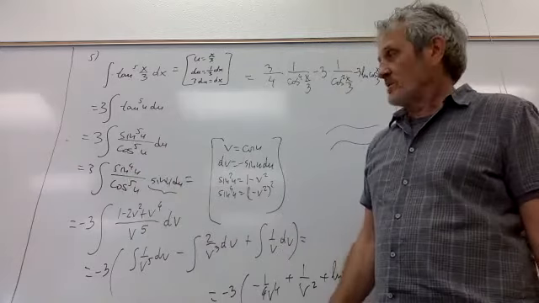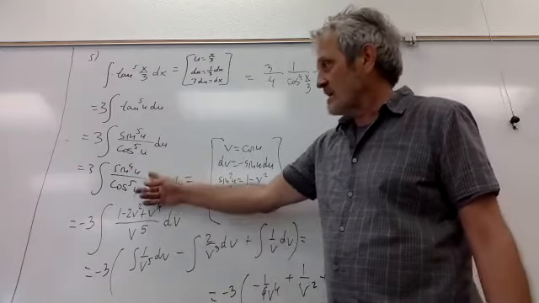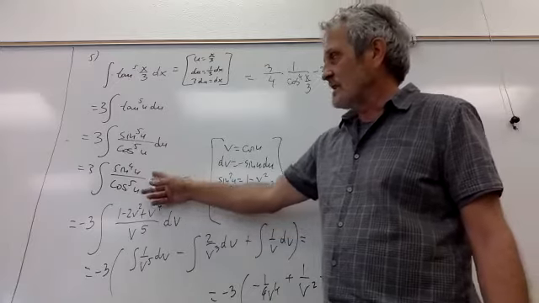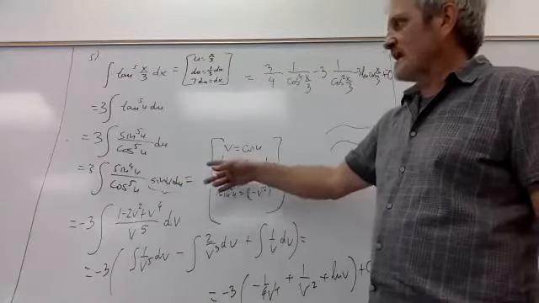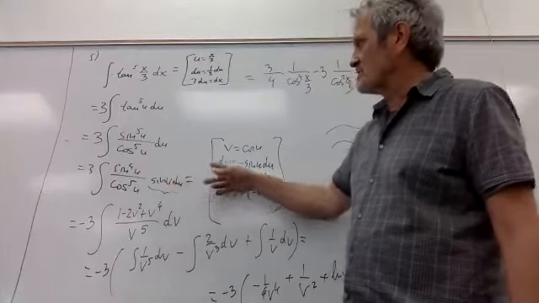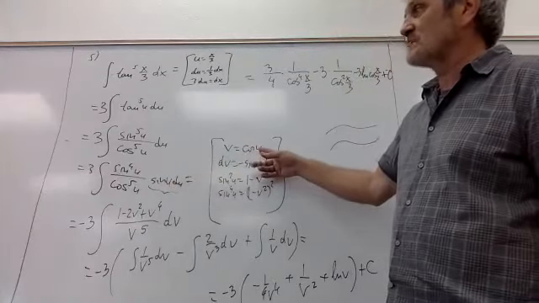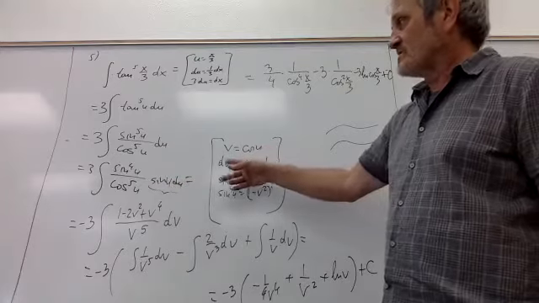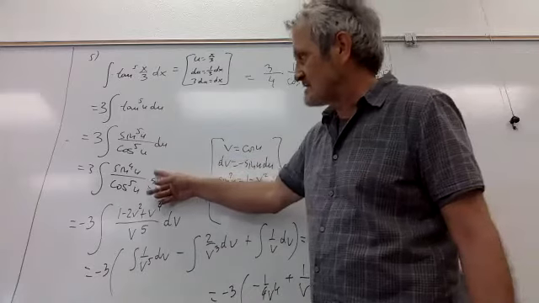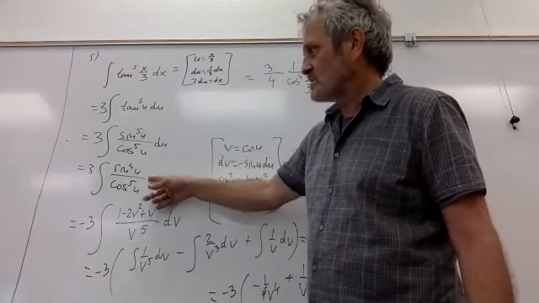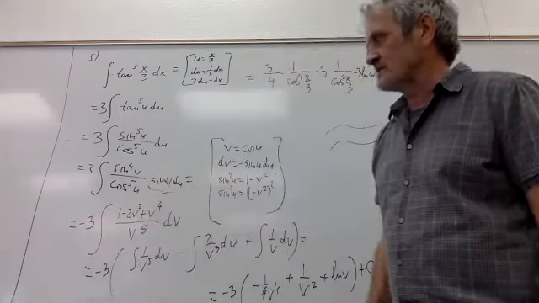Why? Because if you look at that sine u du, that's the derivative of cosine u with a minus. So that tells me a good substitution is to put v to be cosine u. Why is that a good substitution? Because it's derivative ready. dv is negative sine u du, and that's exactly this package here with an extra minus that I put in front. Does this make sense? Yes, thank you.